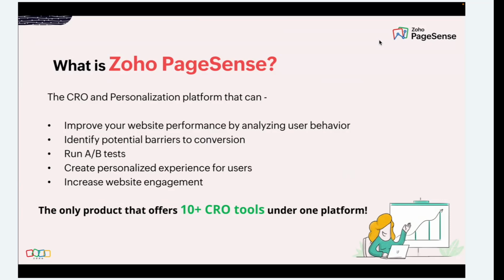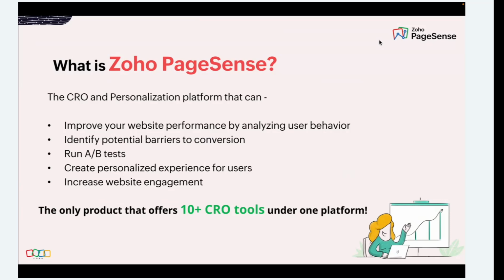This, in return, can help you identify areas of your website that are not performing up to par. You can also identify potential barriers to conversion on your website and make changes to improve user experience and increase conversions. You can also run A/B tests to compare two different versions of a page and choose the best page version that drives higher conversions.